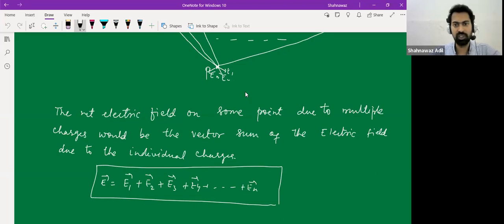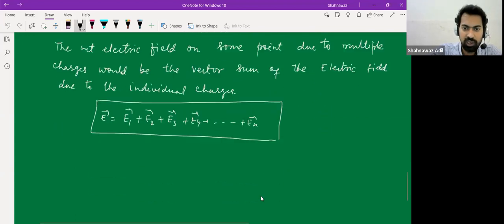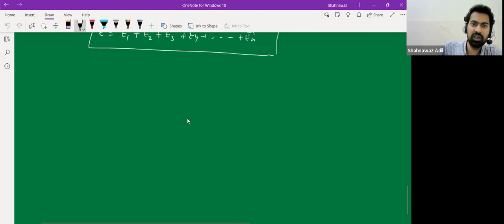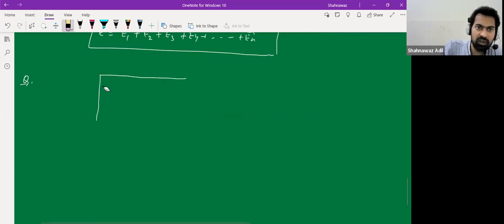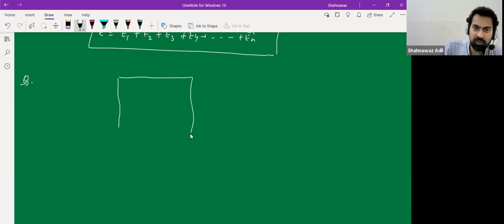Done, sir. Okay, so let us do a question which is based on this idea, the superposition principle. So let's say that we have this square, and four charges are placed on the corners of this square.